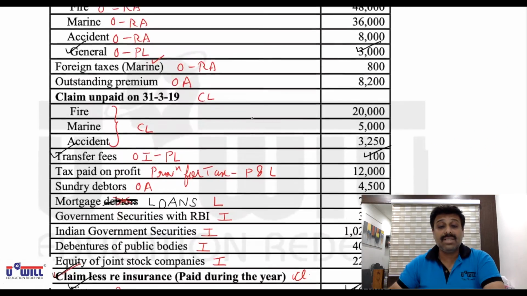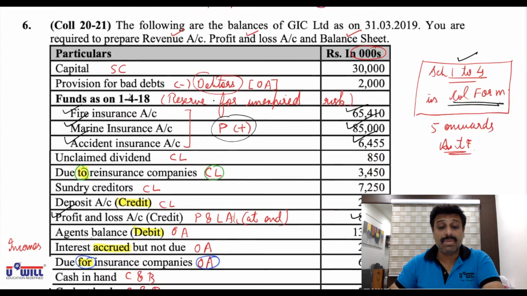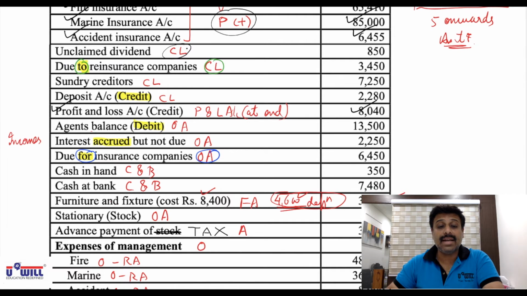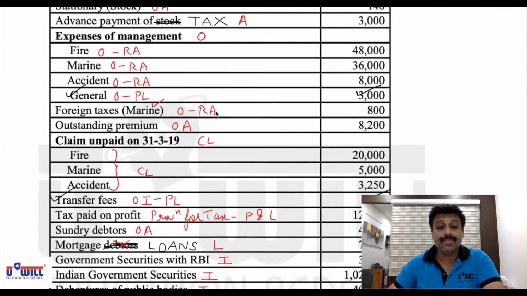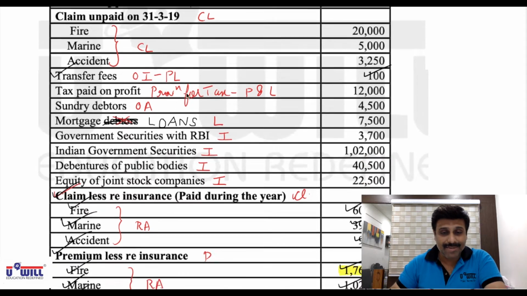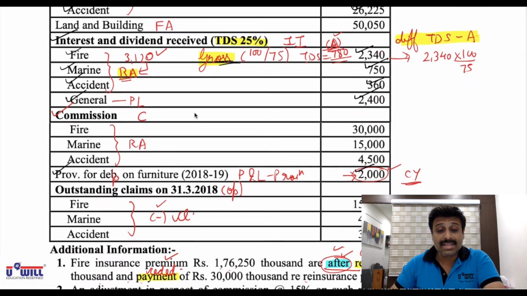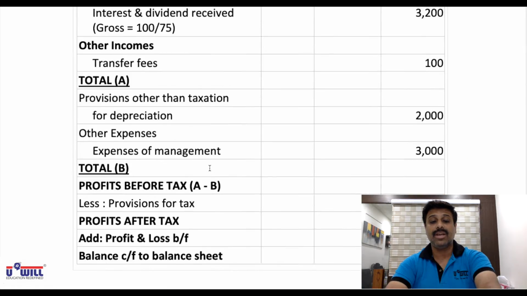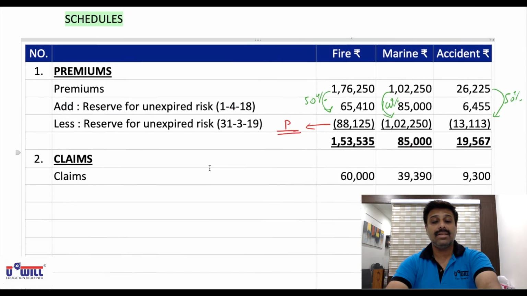Now, what other item is marked as CL plus or minus from the beginning? Check it everyone. This CL is current liability. Don't get mixed up between this CL and the other one. These CL items are all current liabilities. This claims unpaid on 31-3-19 is also CL, current liability again. In CL plus or minus we have marked this minus, outstanding. So outstanding on 31-3-18, the opening outstanding, we will minus.